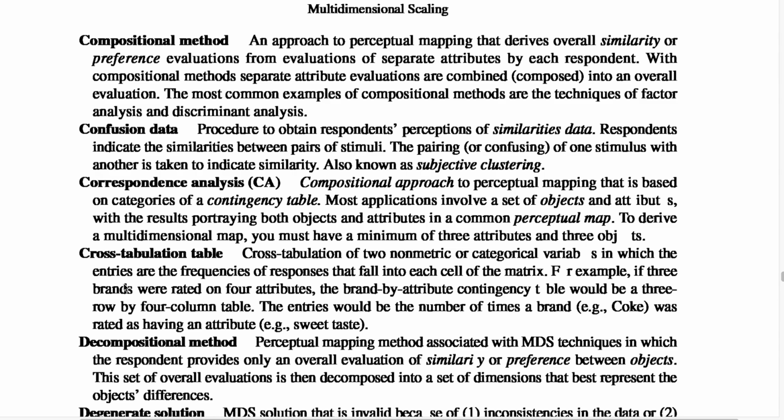For example, if three brands were rated on four attributes, the brand by attribute contingency table would be a 3-row by 4-column table. The entries would be the number of times a brand, for example Coke, was rated as having an attribute, for example sweet taste.